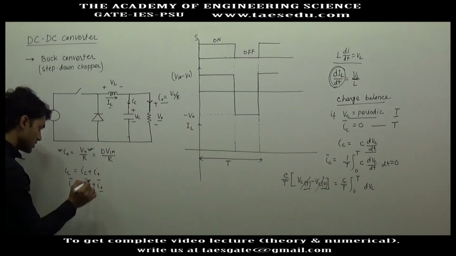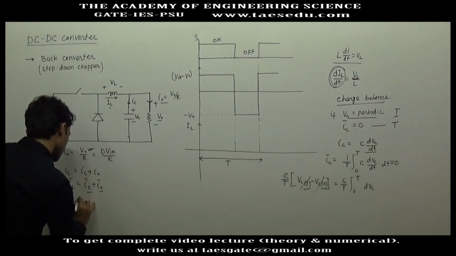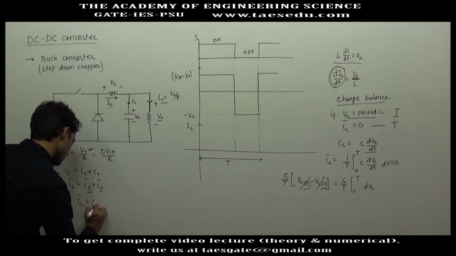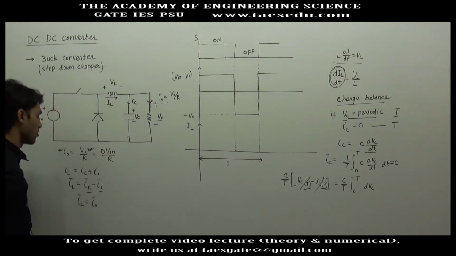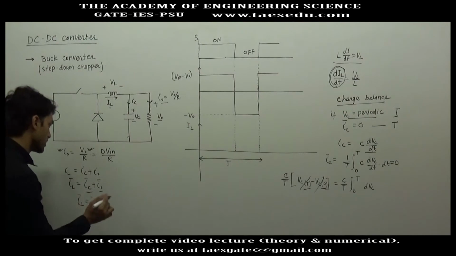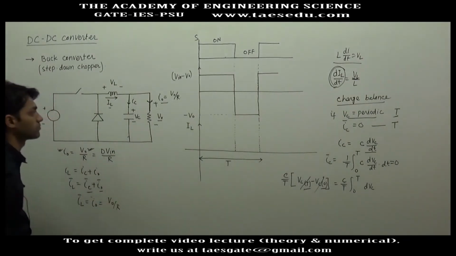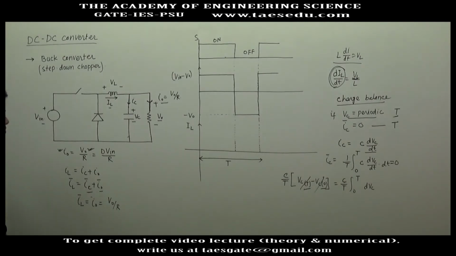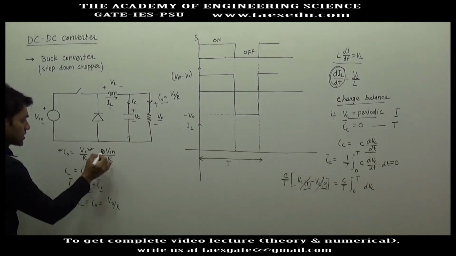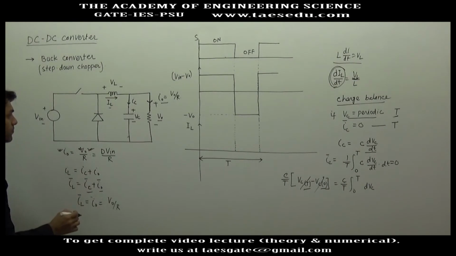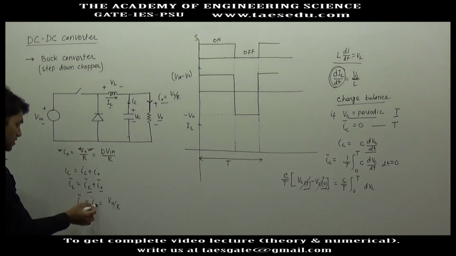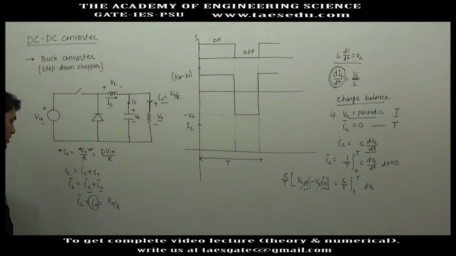So this quantity is 0, so we will say in case of buck converter, the average inductor current is equal to the average output current, and average output current is equal to V0 by R. If duty cycle is given, you will calculate output voltage, and if resistance is given, then you can calculate the output current.